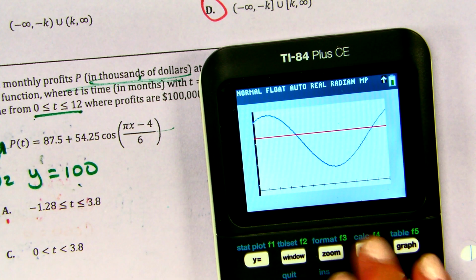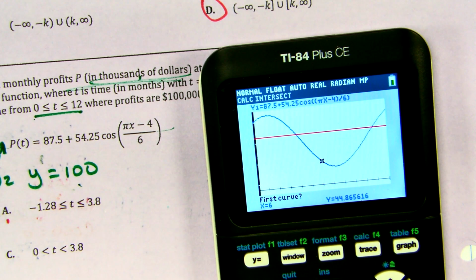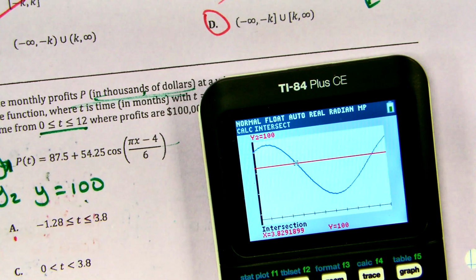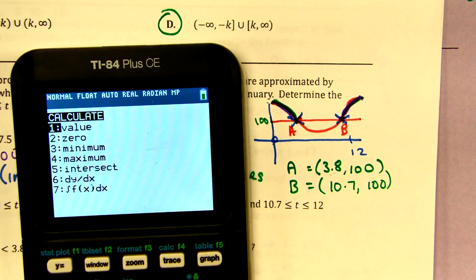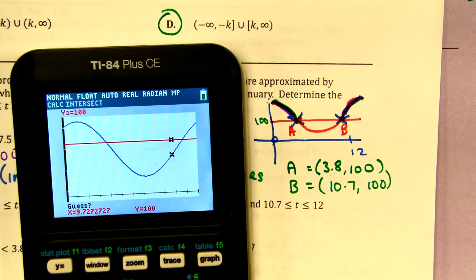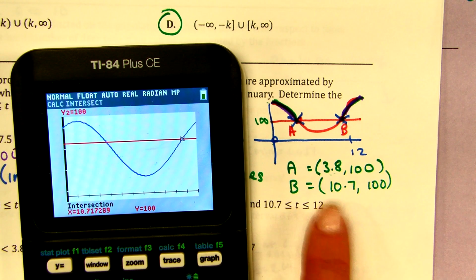So second, calc, 5, enter, enter, enter, just gave me my first one. 3.8. Do it again, second calc, intersect, I'm going to arrow over, enter, enter, enter, get my second intersection.